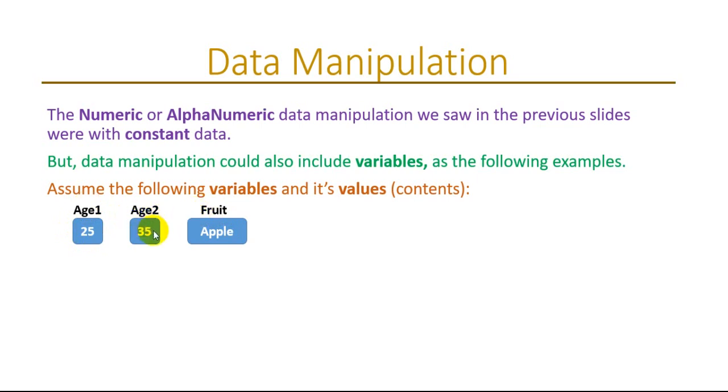Age2 contains the numeric constant 35, so this is a numeric variable. Fruit contains an alphanumeric constant. I have not put double quotes here, but imagine this is apple. So this is an alphanumeric constant, and fruit is keeping that. So fruit is an alphanumeric variable, keeping an alphanumeric constant. Okay, so 2 numeric variables, age1 and age2, and 1 alphanumeric variable.